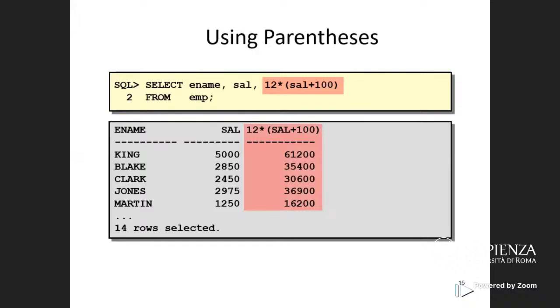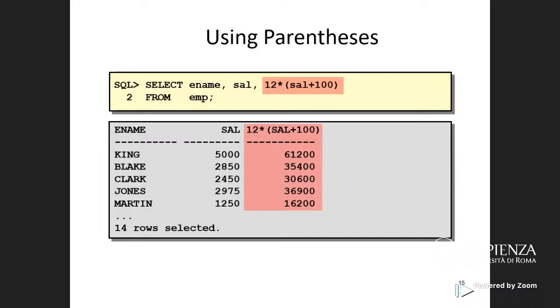What is your salary for this as you are looking at it on the board? You have 5,000 plus 100. That is 5,100. Multiply 5,100 by 12. What is the answer you get? Hello? The person that asked the question, I'm talking to you.